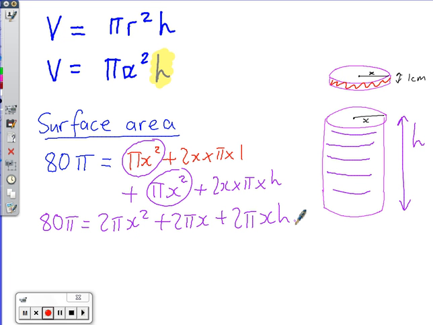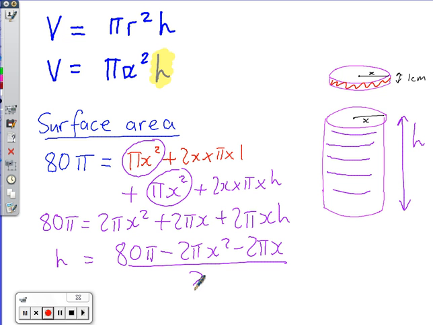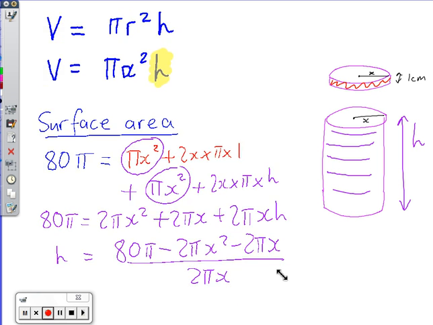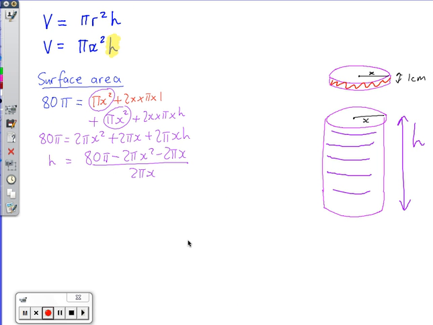You might want to take a minute to convince yourself of this, but basically what we're doing is taking everything over to the left-hand side, all the terms that don't involve h anyway, and then we're dividing by the 2 pi x that's in front of the h. So what we've done is use the information about surface area to find h in terms of x, and that's going to help us with what the question actually asked us to do originally.